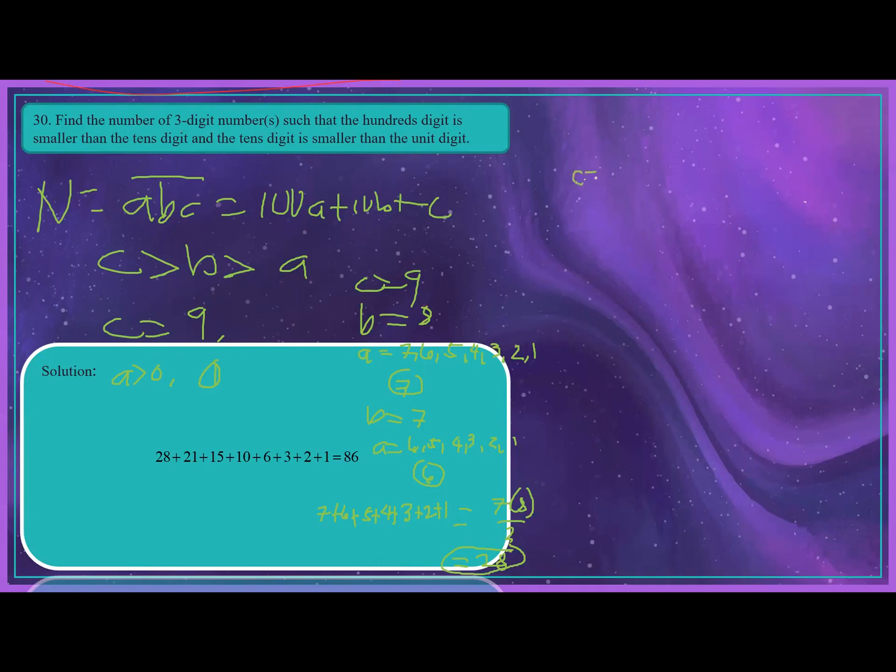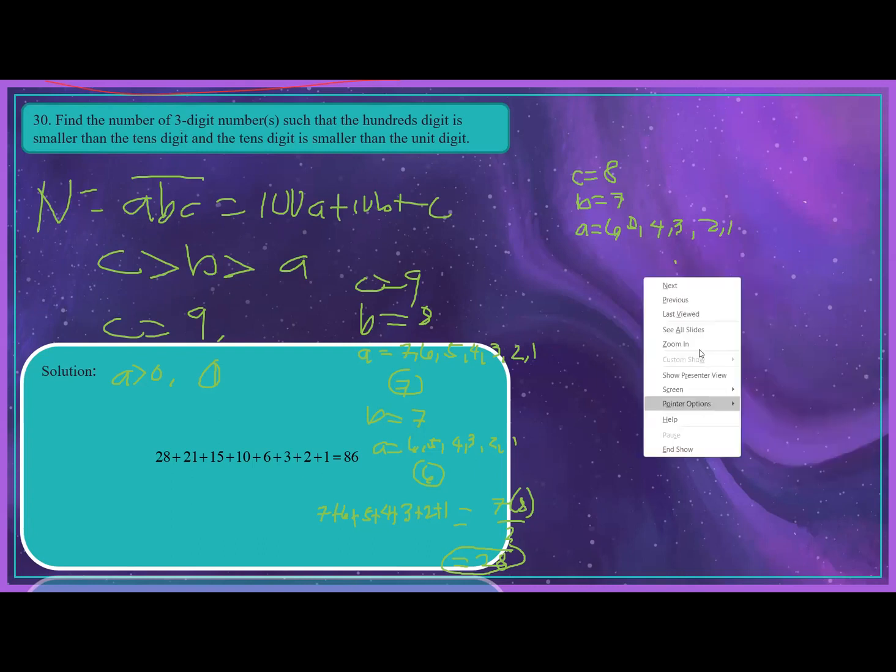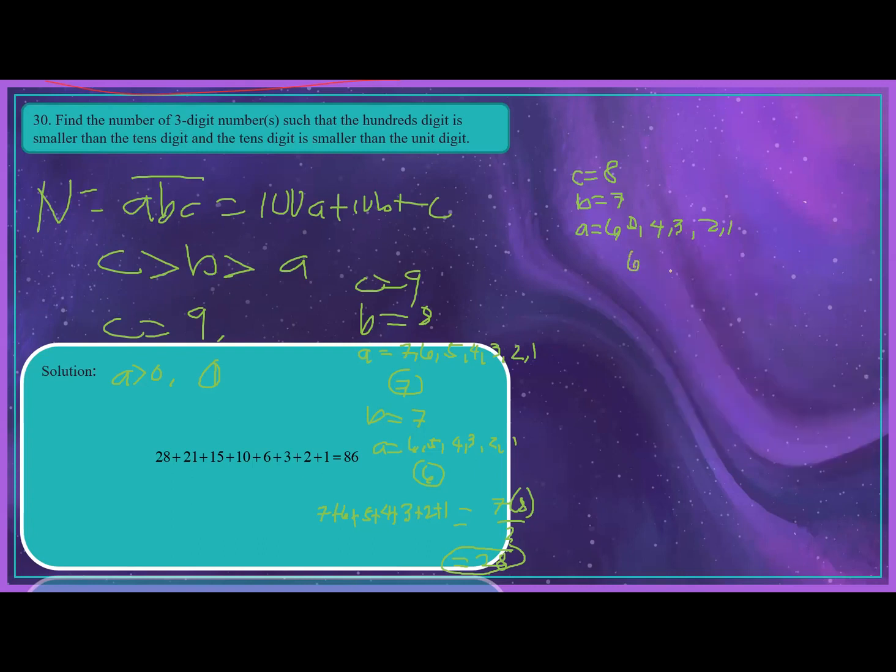Next, when C equals 8, it means B equals 7, right? Then A would be from 6, 5, 4, 3, 2, 1. That's 1, 2, 3, 4, 5, 6. Okay, that should be 6. So when B equals 6, you have A to be 5 to 1, or 5 only.